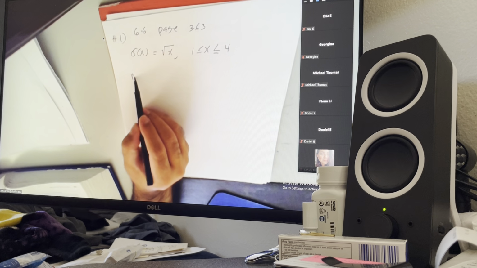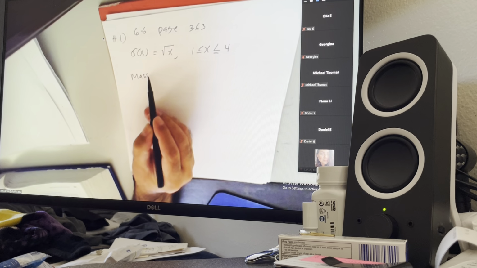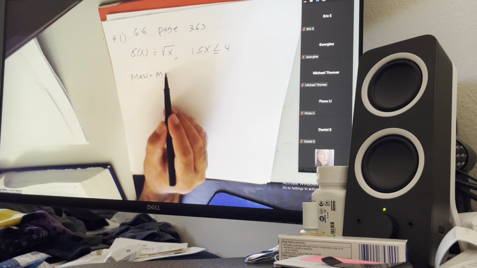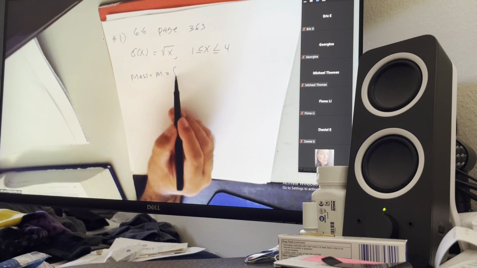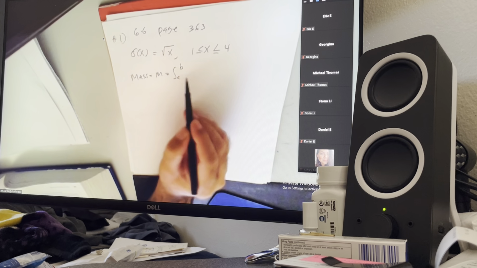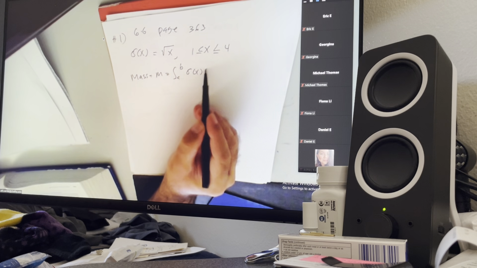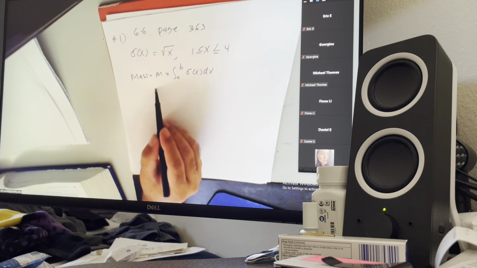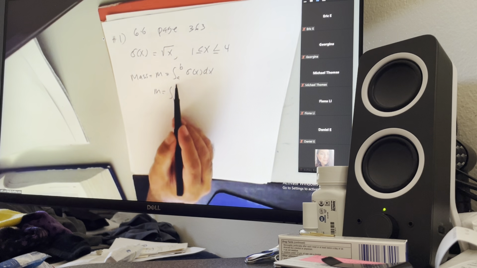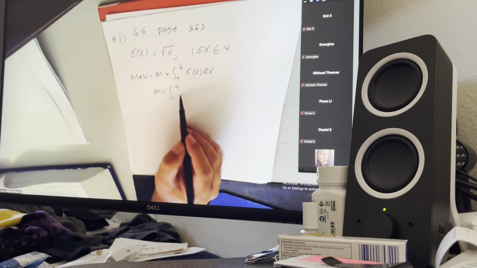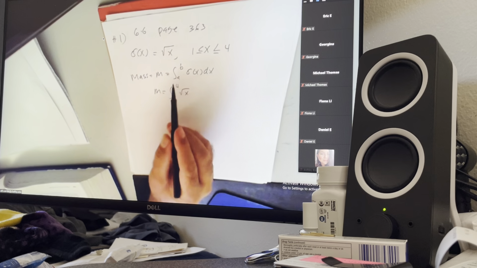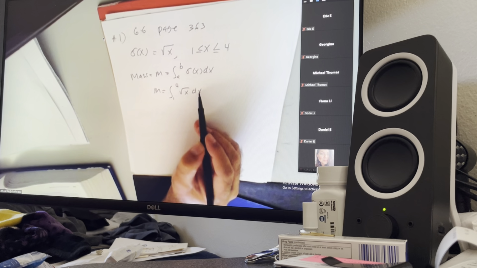For this purpose, we will just use that formula. First we need to find the mass, and that's the capital M by itself. That will be the integral from a to b of density times dx. So the mass will be the integral from 1 to 4 of the density function, the square root of x, that's given, times dx.